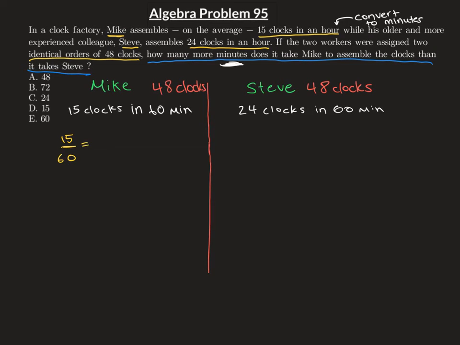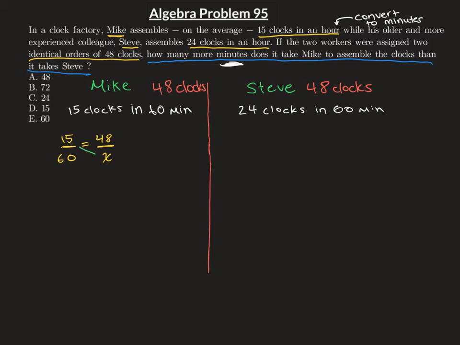And that's equal to 48 clocks, which would go across. 15 clocks and 48 clocks correlate together, so we put them in the numerator together. And then this is unknown. That's x, what we're trying to find, how long it takes Mike to assemble it. Now all we have to do is cross multiply.